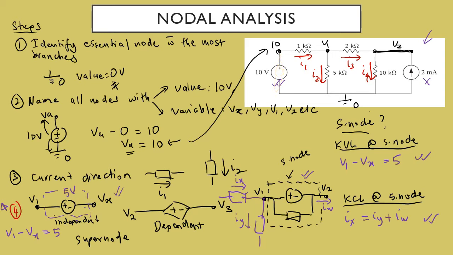In our example here, we have a voltage source, but this is 10 volts and this one is 0 volts. So obviously this is not a supernode. A supernode should be in between two unknowns. So in our case here, we don't have any supernode.